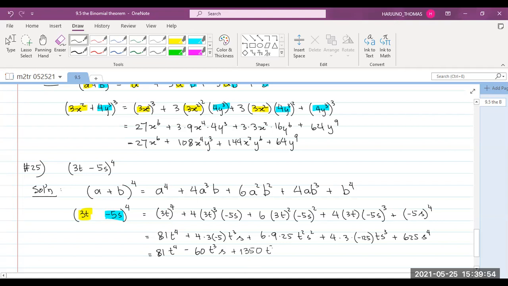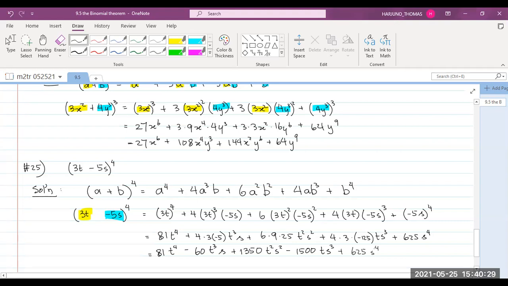So t squared s squared plus 12, actually not plus, it will be minus, times 125 is 1500. You see what I mean?